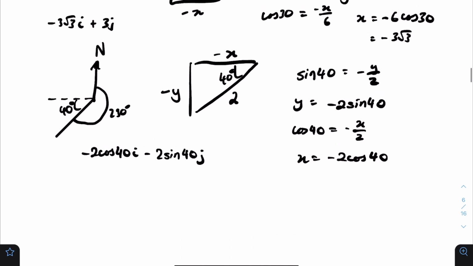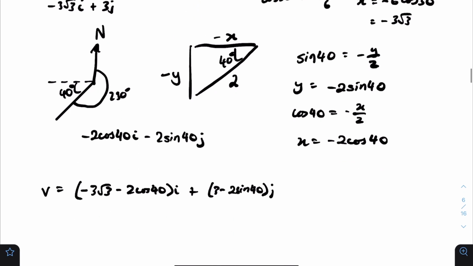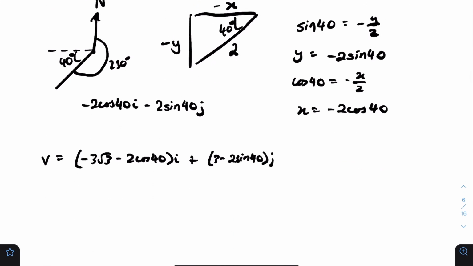So when you add up these vectors, v is equal to negative 3 root 3 minus 2 cos 40 i plus 3 minus 2 sine 40 j. So the magnitude is simple enough. You just need to do Pythagorean.